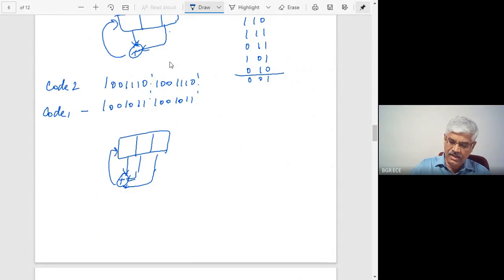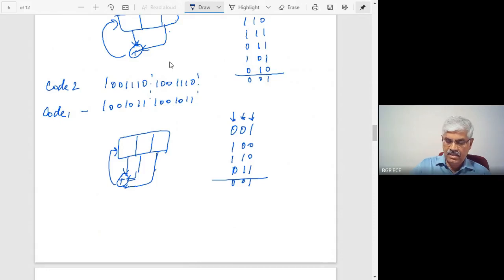What will be the output? Again we assume 0, 0, 1. If all the 3 you exclusive OR, this is 1, 0, 0. Again 1, 1, 0, sorry, 0, 1, 1. Again 0, 0, 1. You see, it is repeated now. Only four possibilities were there, and again it is repeated.